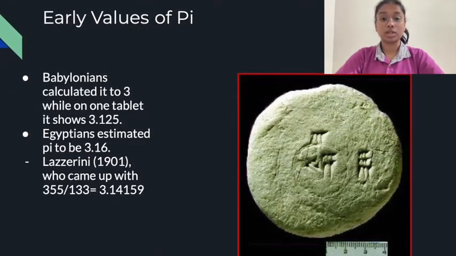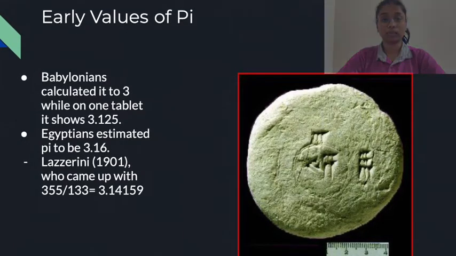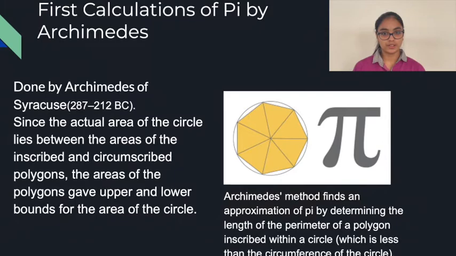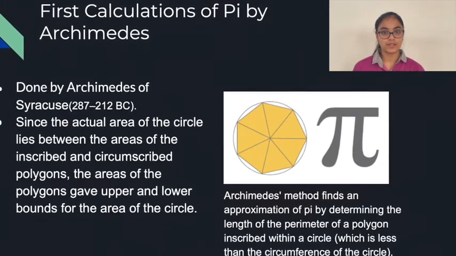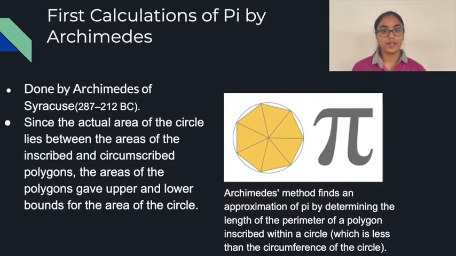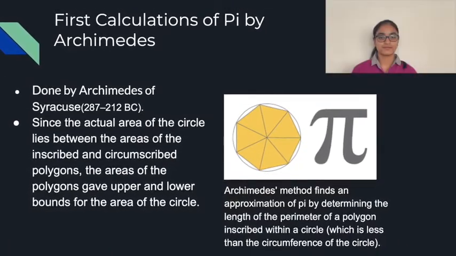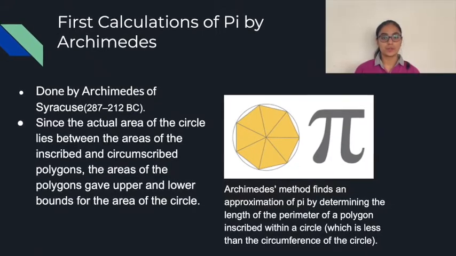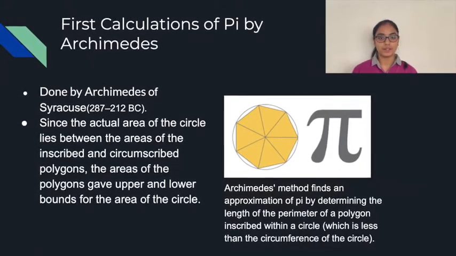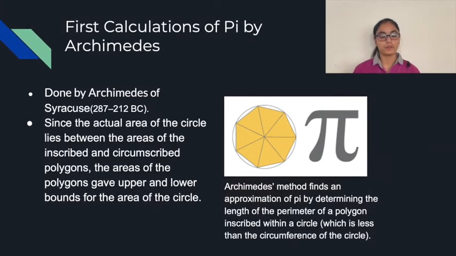Lazzarini was the most accurate mathematician who came up with the value 3.14. Since the actual area of a circle is within the inscribed and circumscribed polygons, they gave the upper and lower bounds for the area of the circle. Archimedes' method was to find an approximation of pi by determining the length of the perimeter of a polygon which is inscribed within a circle.